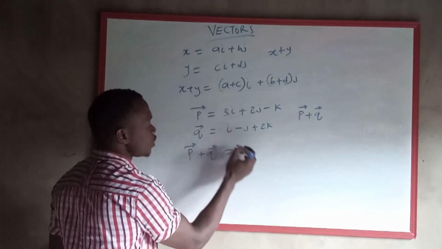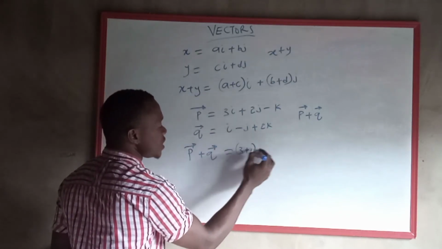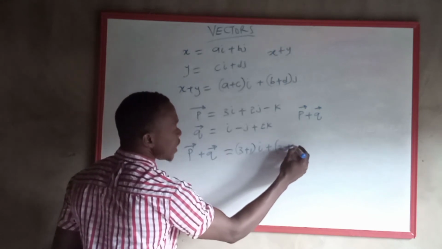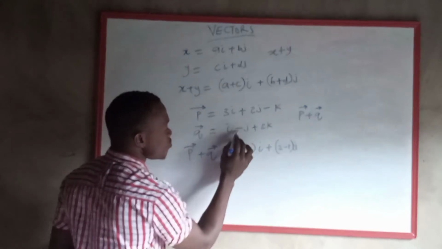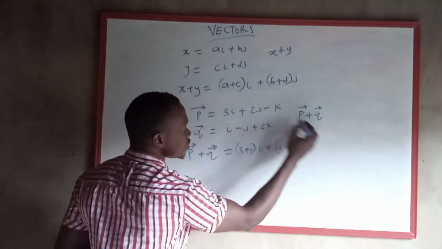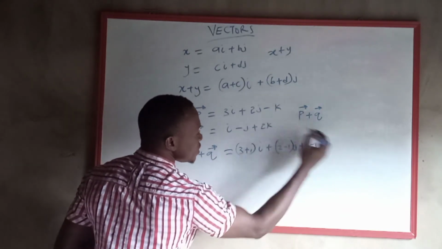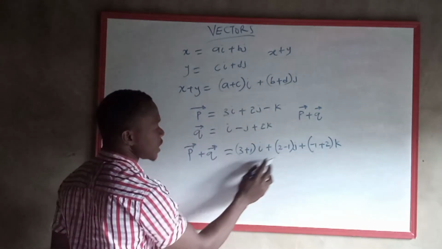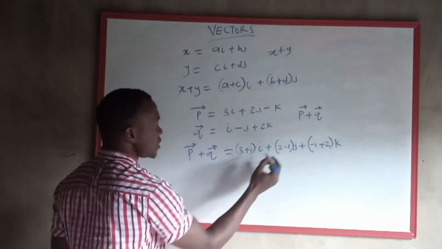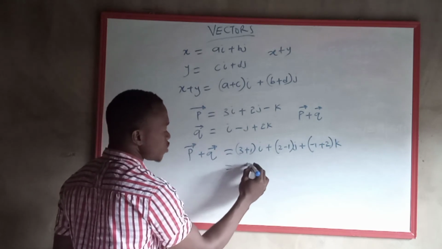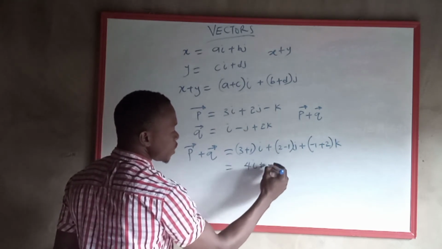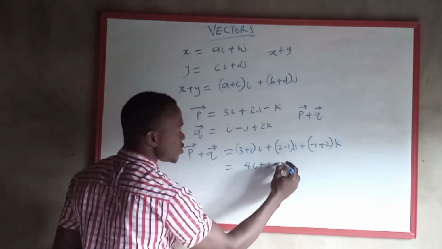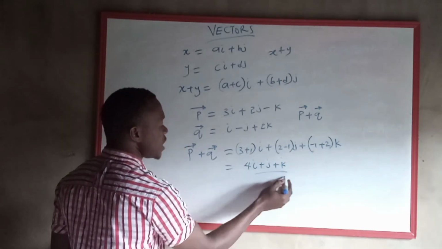So we have 3 plus 1 for i, 2 minus 1 for j, and minus 1 plus 2 for k. So 3 plus 1 gives us 4i. 2 minus 1 gives us 1j. Then minus 1 plus 2 gives us 1k. So that is our addition.